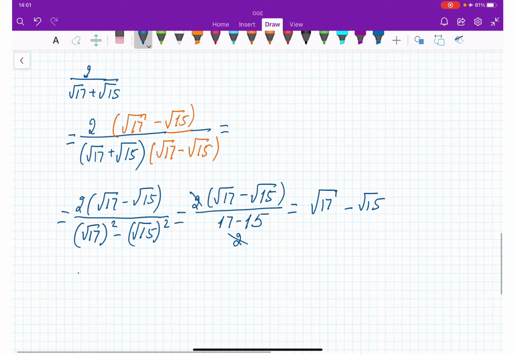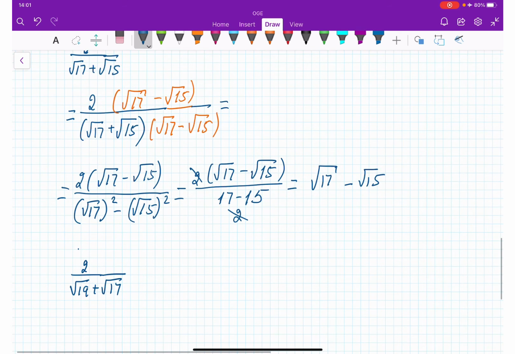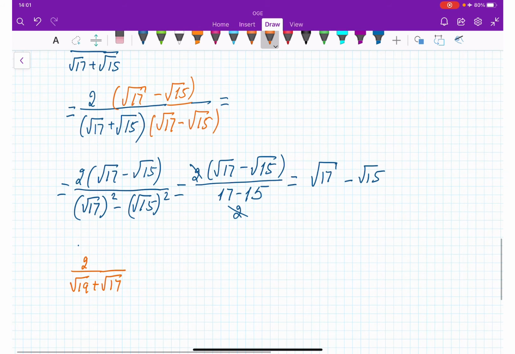Now let's put together the entire expression. So we have 2 over square root 19 plus square root 17. Let me rewrite in a different color. Plus 2 over square root of 17 plus square root of 15, and then plus square root of 15.